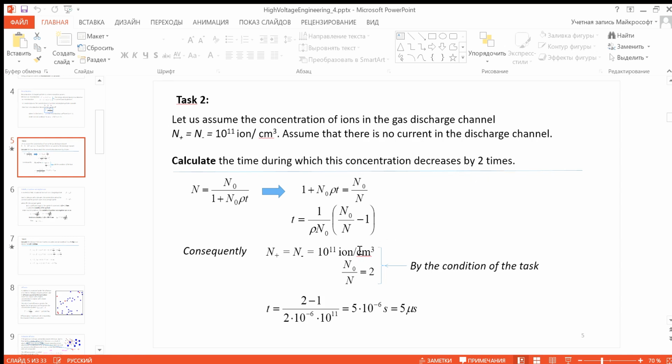So when we substitute numbers into this formula, we have time is 5 microseconds. So 5 millionths of a second will be the time when concentration of ions decreases 2 times. That's a short period.